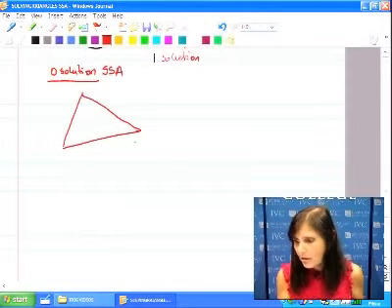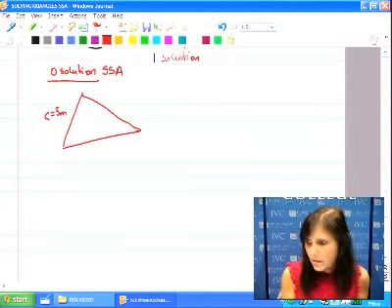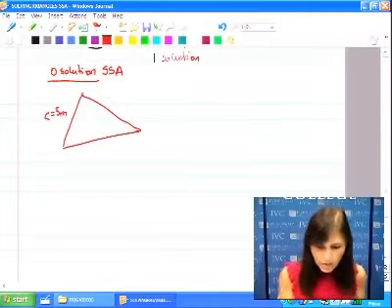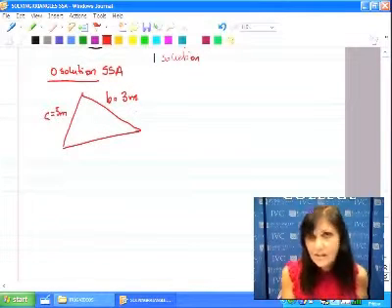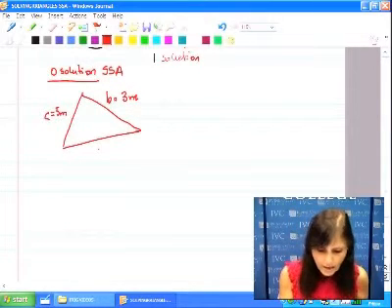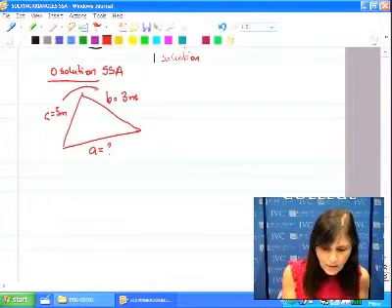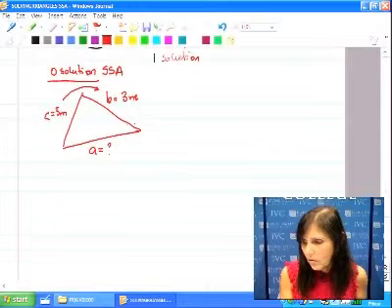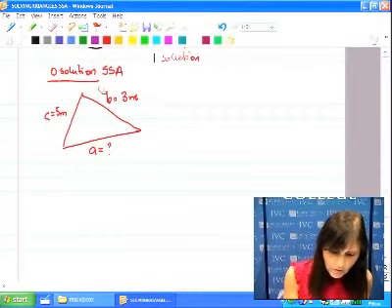It doesn't matter. So let's say you have a 5 meter side and you have a 3 meter side. It is out of scale. And then you don't know this one. Or you can go this way. So let's do it this way.